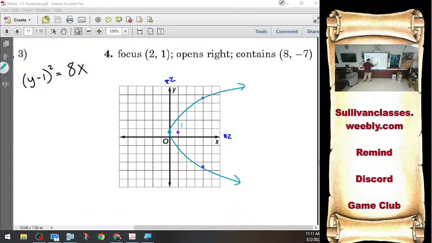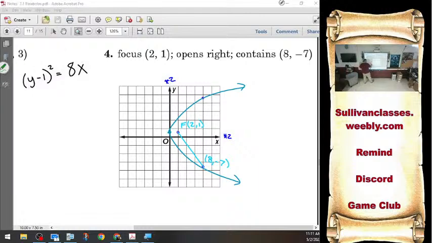Okay. Focus at 2, 1. Contained point, 8, -7. What's the distance between those two? 10?